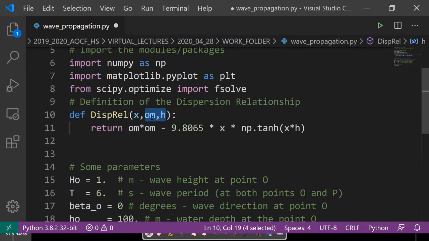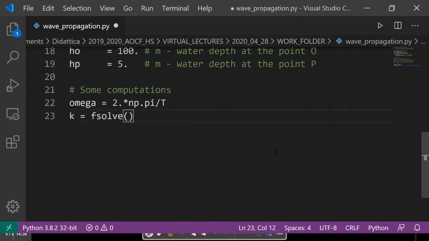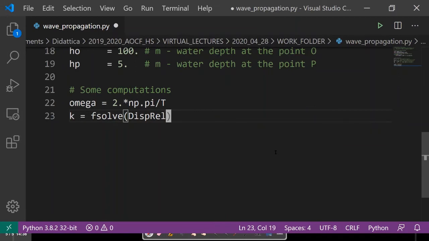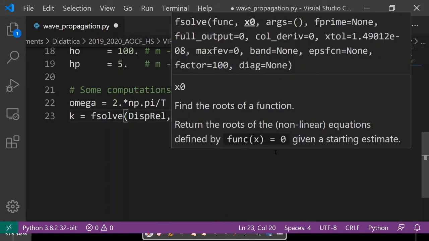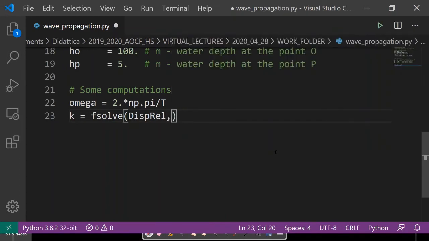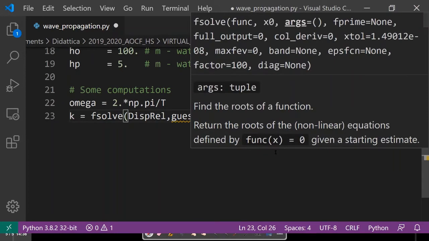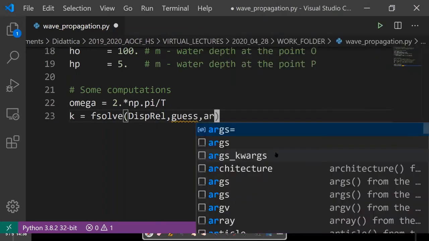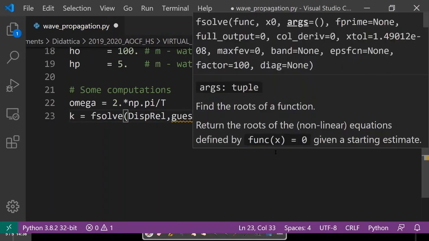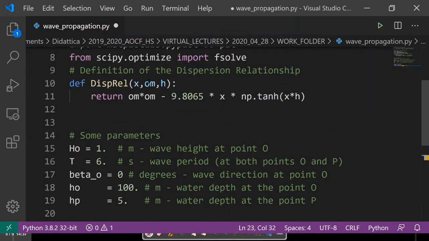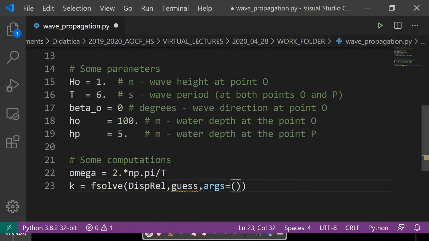So we can pass to this function also omega and h. So here we need to write this rel, the name of the function. Then the initial value, so the guess solution, we can write here guess, and then the other arguments between brackets. And the other arguments is omega and h.